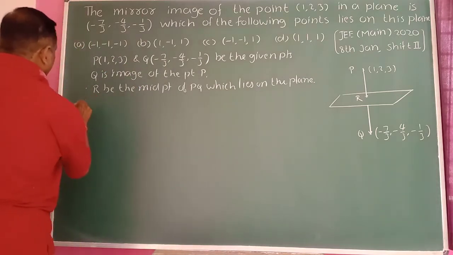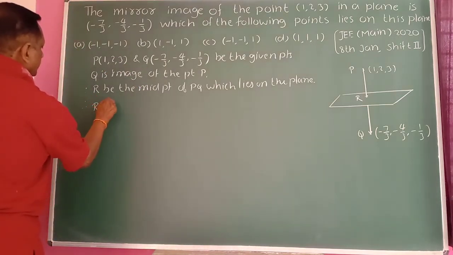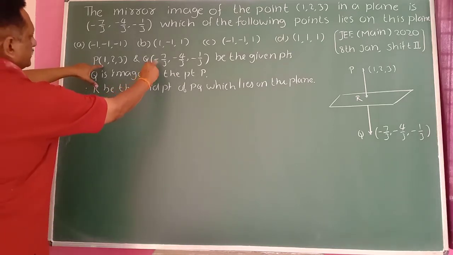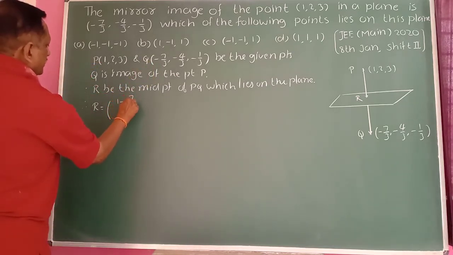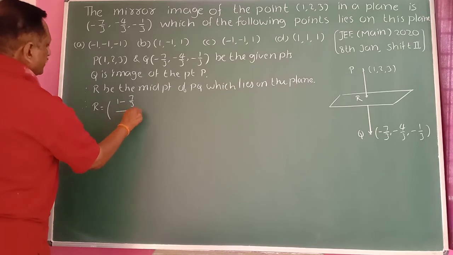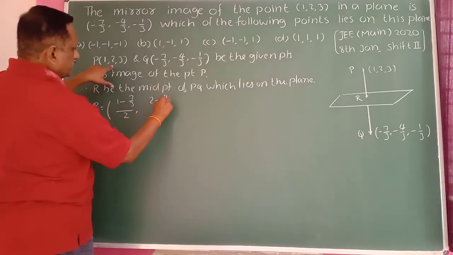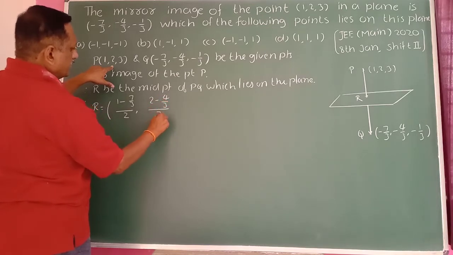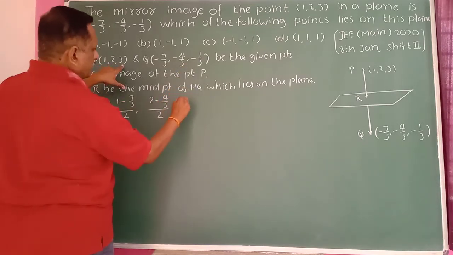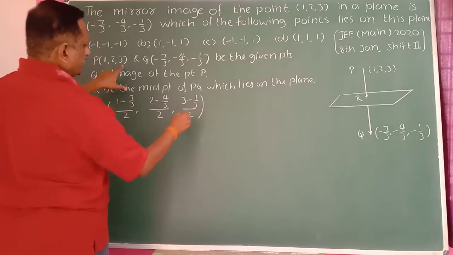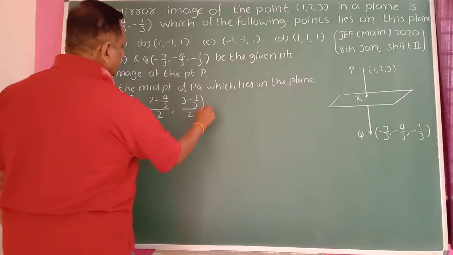Therefore, R is equal to, using the midpoint formula, (1 minus 7/3)/2, (2 minus 4/3)/2, (3 minus 1/3)/2.